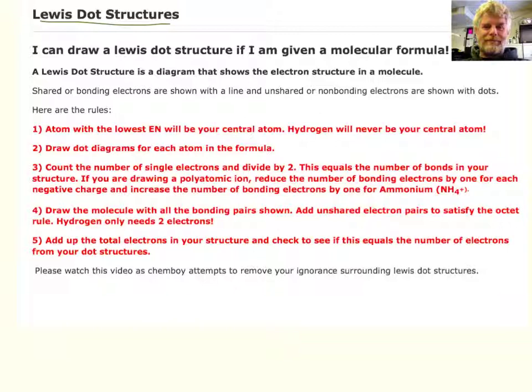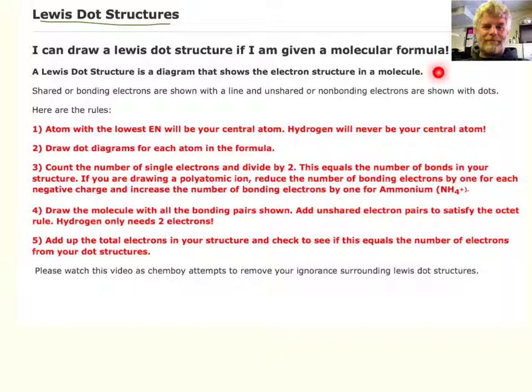And so the way that we do that is there's a procedure for drawing these dot structures or electron dot structures. And you'll take a look at the first I can statement here, that I can draw a Lewis dot structure if I'm given a molecular formula. That's our goal here. And it says here that a Lewis dot structure is a diagram that shows the electron structure in a molecule.